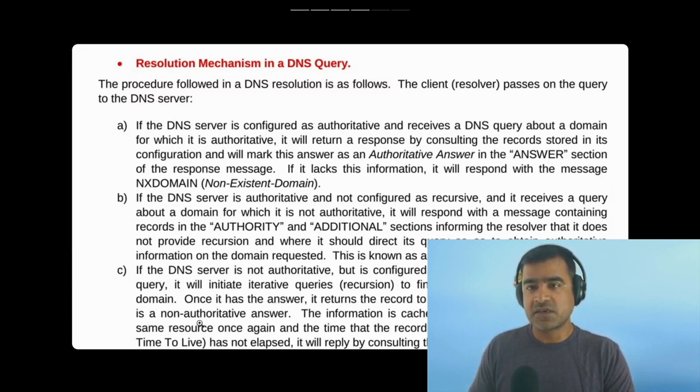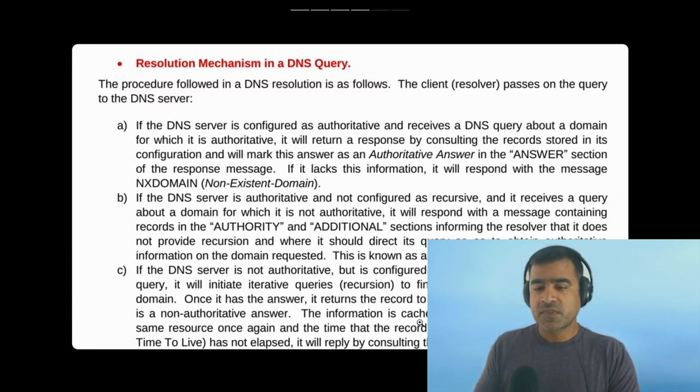So it clearly tells you, I'm not authoritative, this is a non-authoritative answer, but I resolved it for you. And at the same time, we try to cache this information so that all the hard work doesn't go in vain, right?